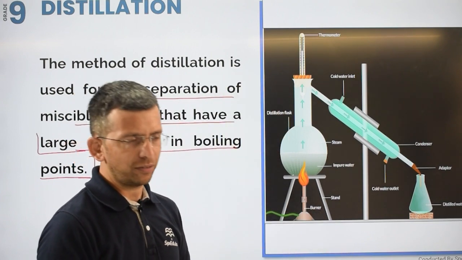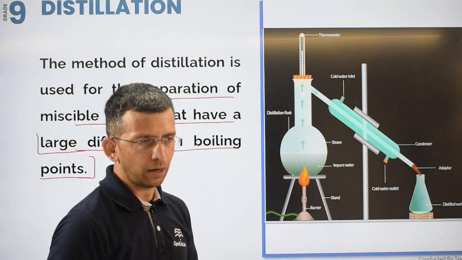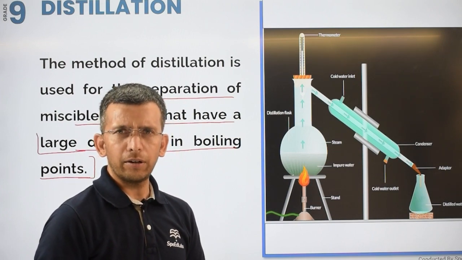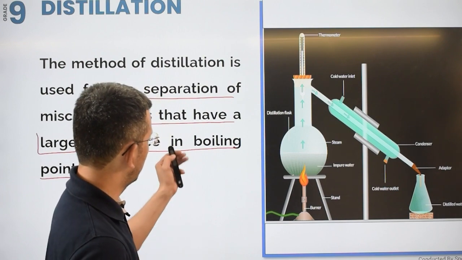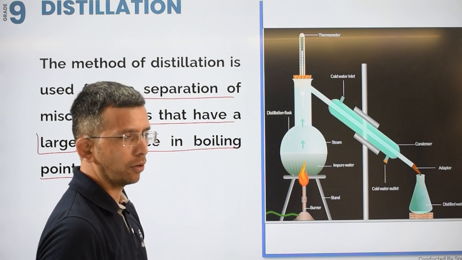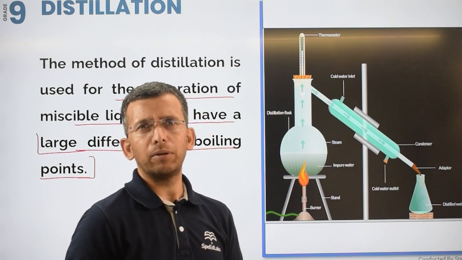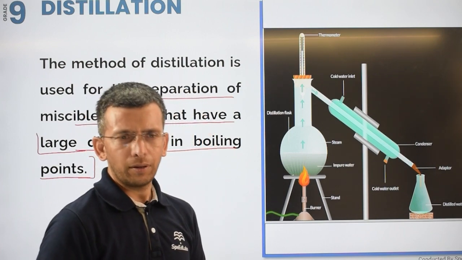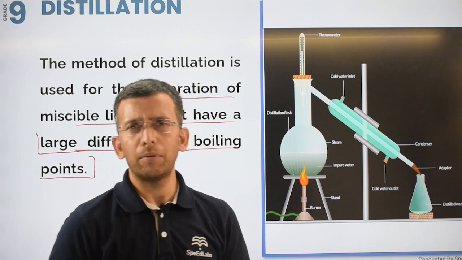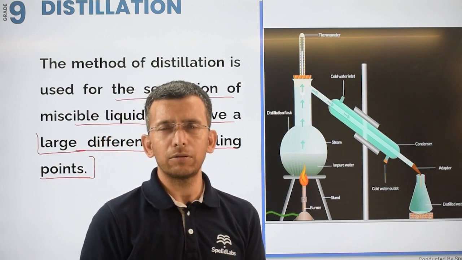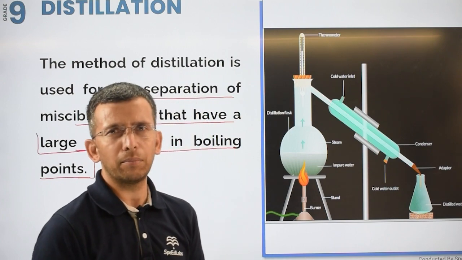Let's say I have two liquids and I want to separate them. If I have enough difference in their boiling points, maybe more than 25 degrees centigrade or even more, then I can use this distillation method very nicely to separate them out.